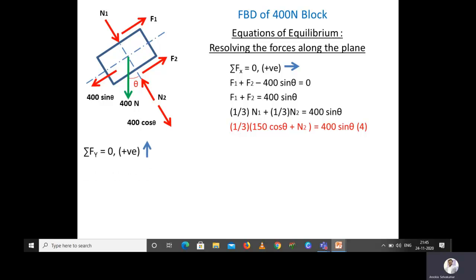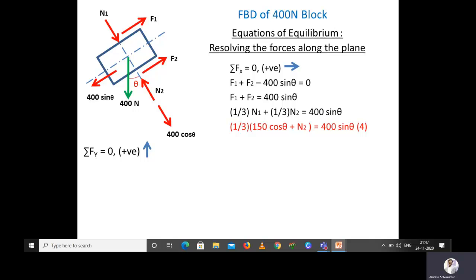The next equation of equilibrium is summation of forces along vertical direction, otherwise y direction, is equal to 0 with respect to the inclined plane. We are assuming that upward forces are positive with respect to the inclined plane. Here we can see that the force 400 cos theta is acting towards down with respect to the inclined plane, and the normal reaction N1 is also acting towards down.